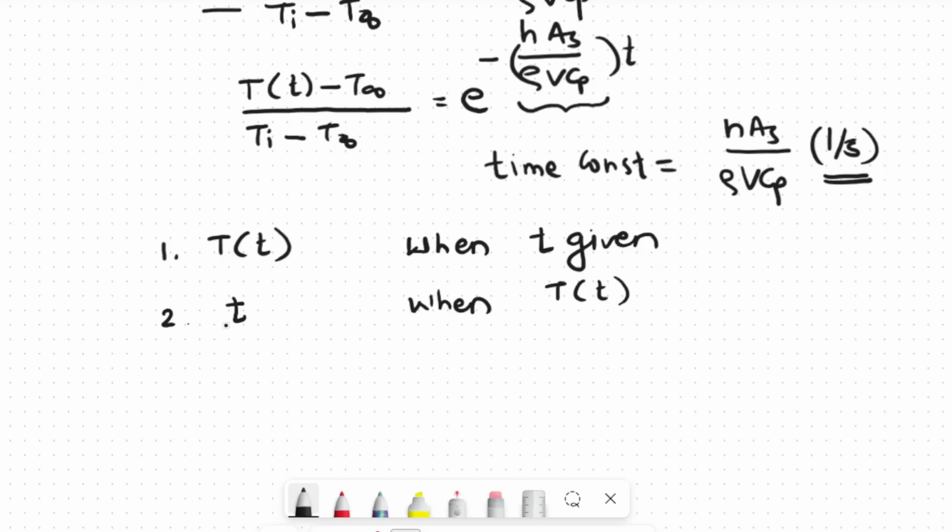Now here in this relation, we are talking about lump system analysis. So when to use this lump system analysis formula?